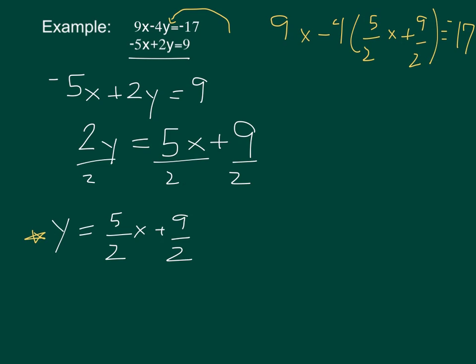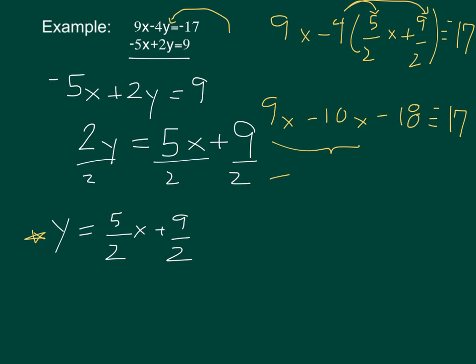We now have to distribute the 4 into this set of parentheses. So we get 9x, and distributing, minus 4 times 5 halves is minus 20 halves, which is minus 10x. Minus 4 times 9 halves is minus 36 halves, so that'll be minus 18, equals minus 17.